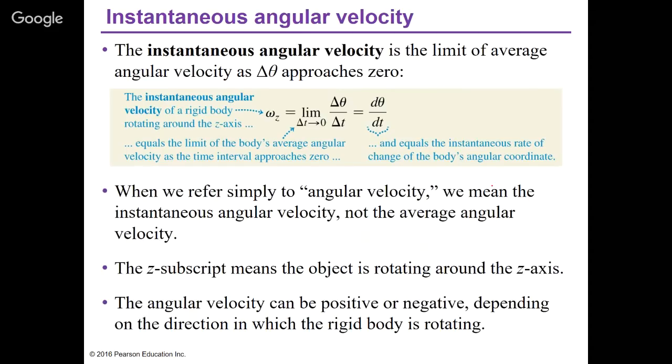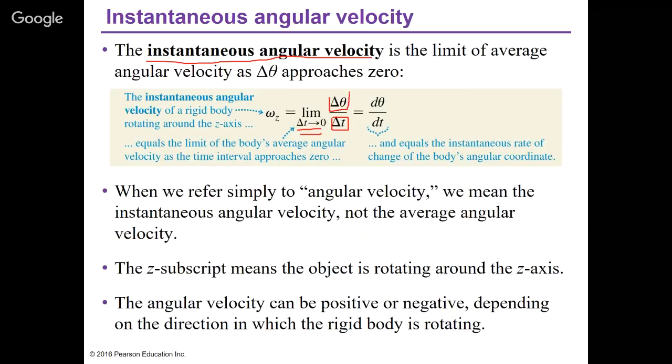Now, when we take the time interval delta t to be infinitesimally small, we get the instantaneous angular velocity. That is taking the limit as delta t goes to 0 for both of these.